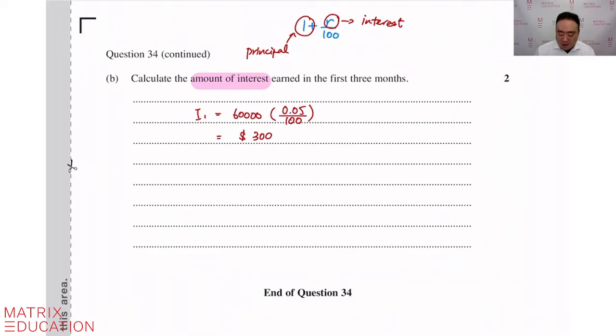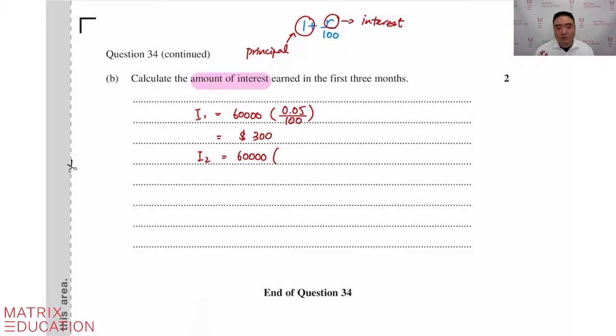Now I2, and be careful about this. I2 is that 60,000 that you have earned the interest from. So just think about this. We want to find the amount of interest earned in the second month. That's 60,000.